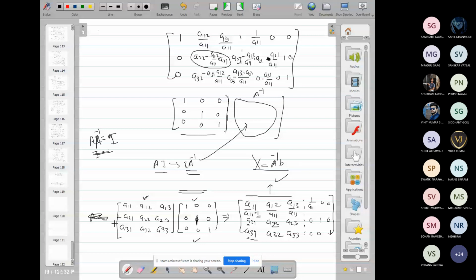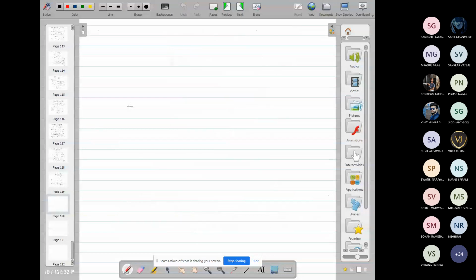And similarly, we can find the inverse of the matrix by using the triangulation method. We know that if A is positive definite, then we can write A is equal to LU, lower triangular and upper triangular, and then A inverse will be LU inverse, and then it becomes U inverse into L inverse.